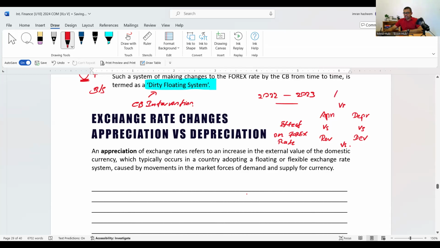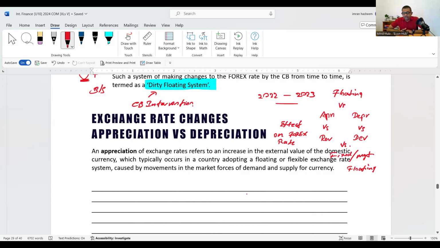Appreciation and depreciation are in a floating system. Revaluation and devaluation are generally in a fixed or managed floating system. Get it? Fixed or managed floating system. So these kinds of things. Are you guys clear? I just wanted you to understand how these things compare.